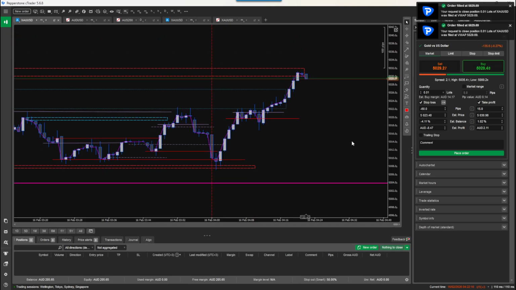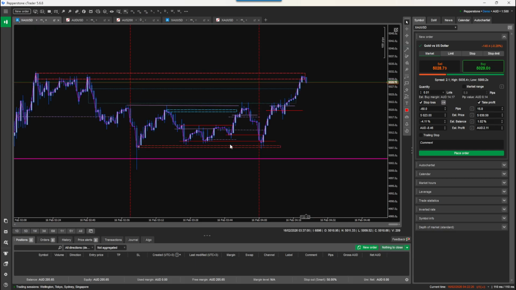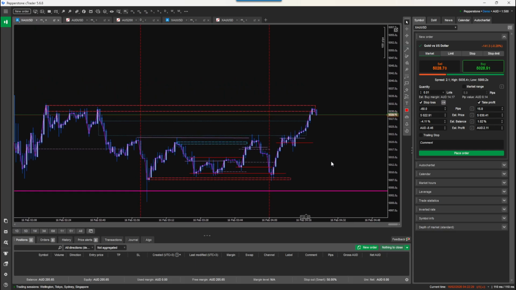Get out of those. This can turn here, and when that candle broke that candle, I'm out. Now it's broken the inside candle or the up leg candle.